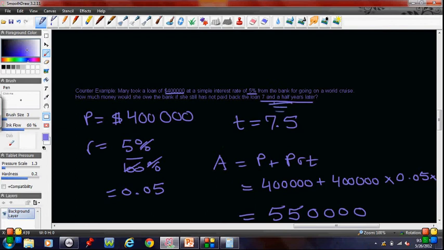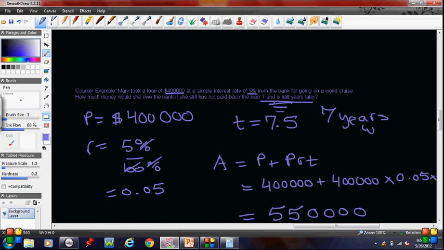7.5 years later. In terms of simple interest, if your interest is calculated each year, as it is in her case, you wouldn't use decimal places for the time, because you would have whole numbers. At 7.5, she still has only accumulated 7 years' worth of interest.